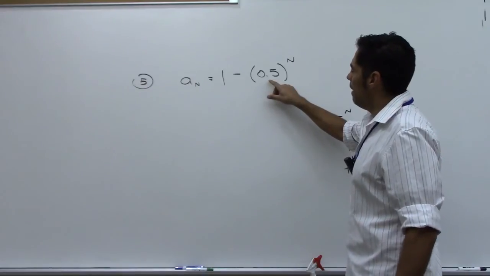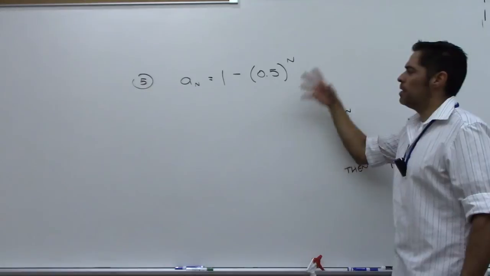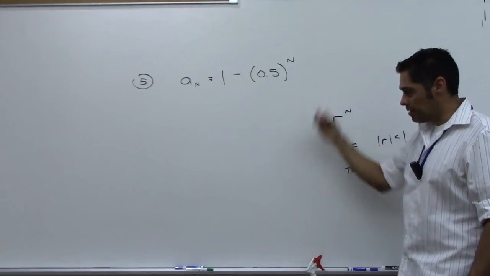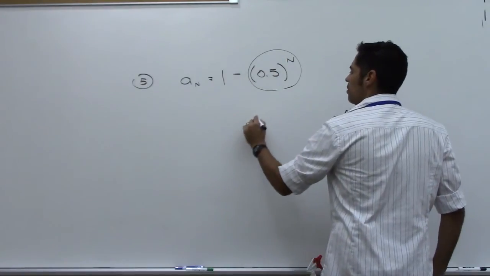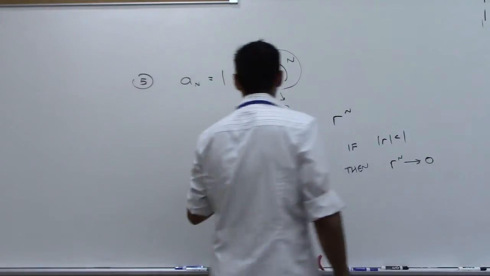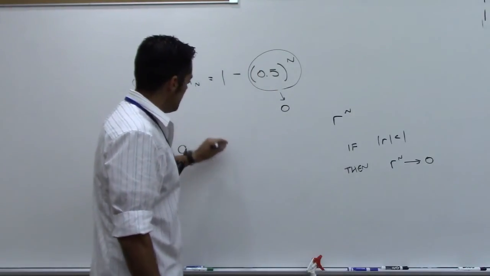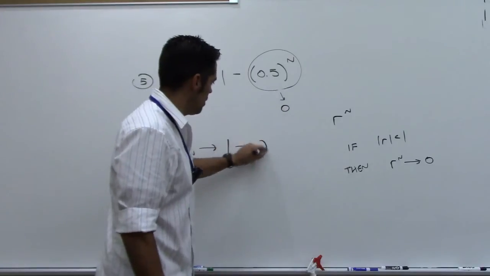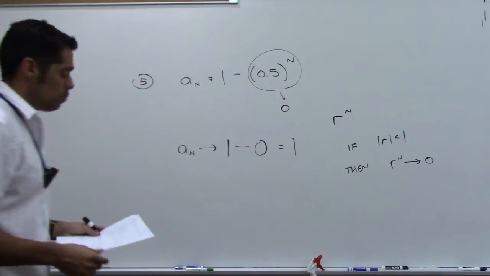If you take 0.5 and you square it, it gets smaller. Cube it, it gets even smaller. Fourth degree gets even smaller. So this whole thing, as n goes to infinity, goes to 0. So that means a sub n is headed towards 1 minus 0, which means it's headed towards 1. So it actually converges to 1.